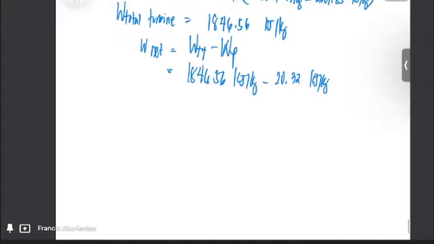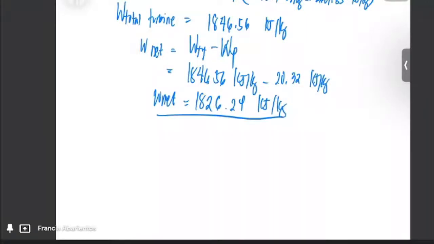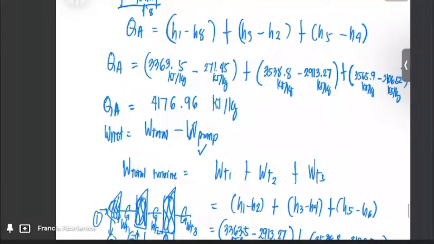We have now the work net. What is now the answer? 1846.56 minus 20.32. We have 1826.24 kilojoule per kilogram. Yan. Meron tayong heat added.